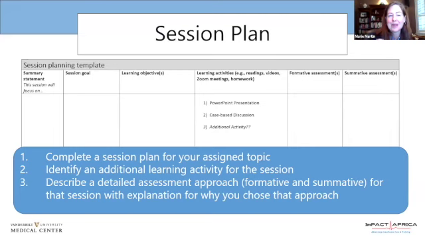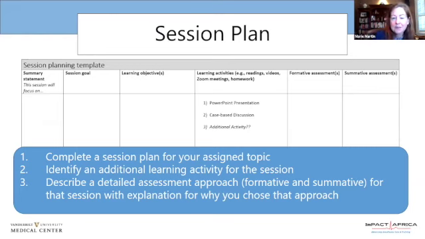While we all have lots of information to impart on our learners, we only have a discrete period of time in a course or a session to do that. If we can map out our session plan, we can prevent some of that information overload and extraneous time that's spent on things that don't actually contribute to the achievement of the learning outcomes.